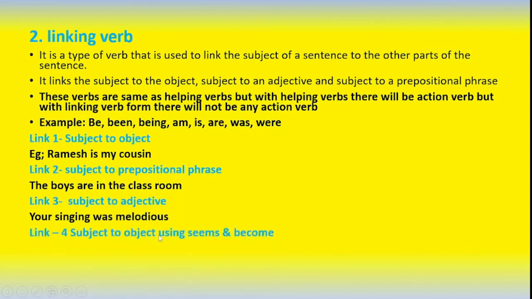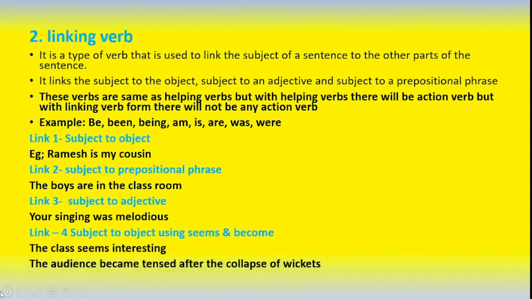Subject to object using seems and become. So we can also link subject to object using two words like seems and become. Let's see the example. The class seems interesting, right? Class is the subject here, and interesting is the object here. So the class seems interesting. Then, the audience became tensed after the collapse of wickets.